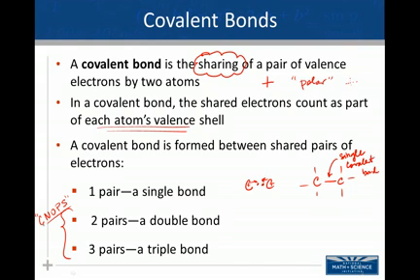But since carbon is part of CENOPS, it can also make a double bond. I must point out that this bond is going to be shorter than a single bond. Think about why. That's what it looks like with that being a bond and that being a bond.